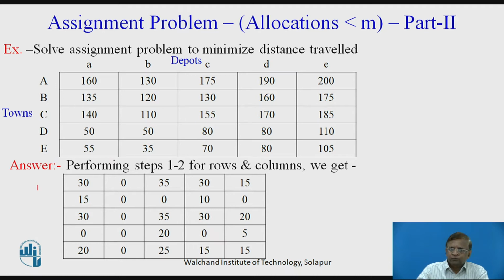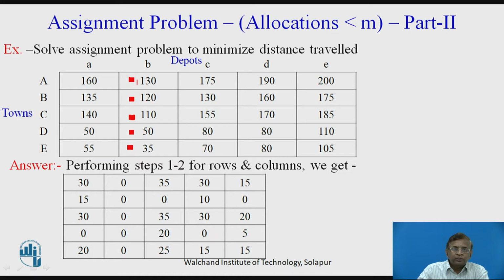The very first step is to look for the least element in a row and subtract that from all elements of that row. If we see here for a quick review of what we have done, the second column has the least elements in the respective rows.